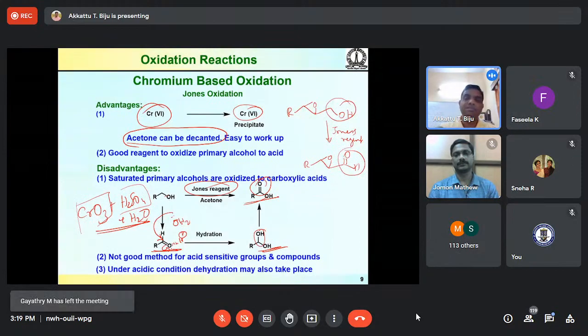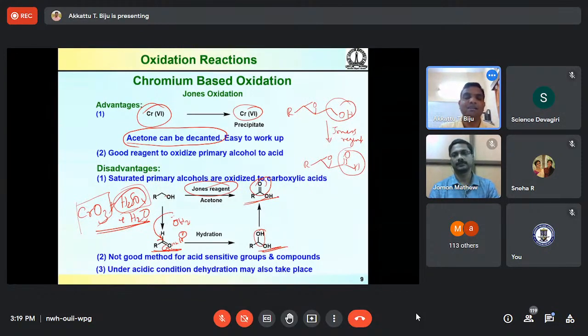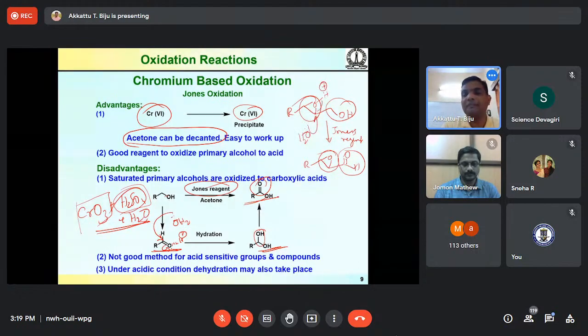But since the Jones reagent contains acid, it's an acidic solution of chromium trioxide, an acid sensitive functional group such as an epoxide will not be tolerated. So the epoxide will open up under the reaction conditions. How? The epoxide will be coordinated with the acid, and then you have water, so water can open up the epoxide.